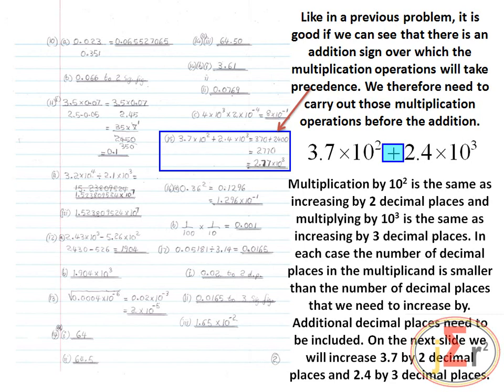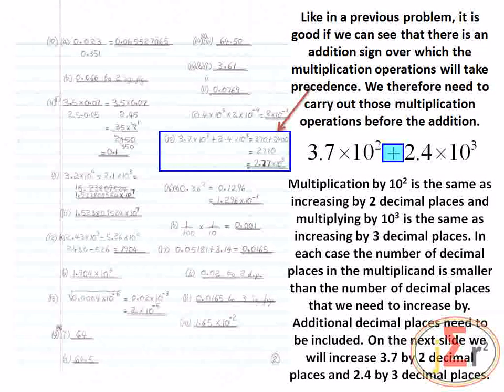In each case, the number of decimal places in the multiplicand is smaller than the number of decimal places that we need to increase by. Additional decimal places need to be included. On the next slide, we will increase 3.7 by 2 decimal places and 2.4 by 3 decimal places.